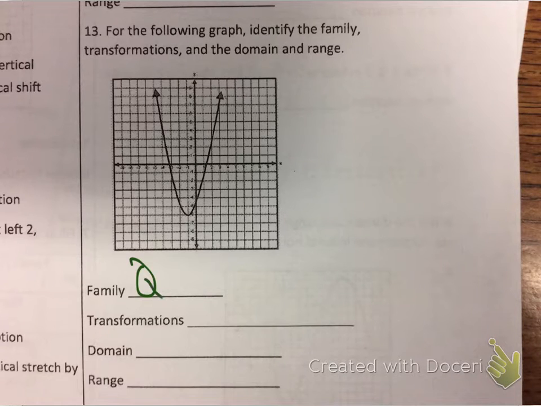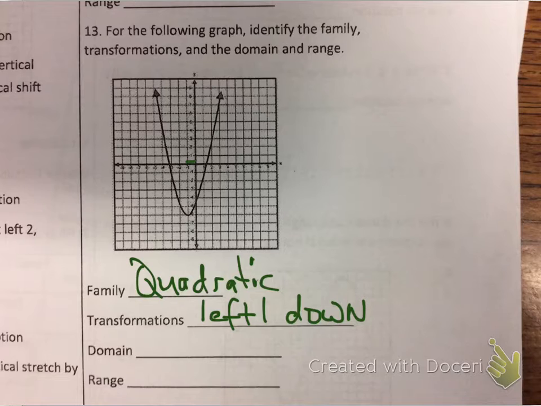Here we can see this is quadratic. You can see here it goes left 1 and then down 6. Left 1, down 6. I'm not going to worry about stretch or compression on these. I'm mainly making sure y'all can see the reflection, and then left, right, up, down.